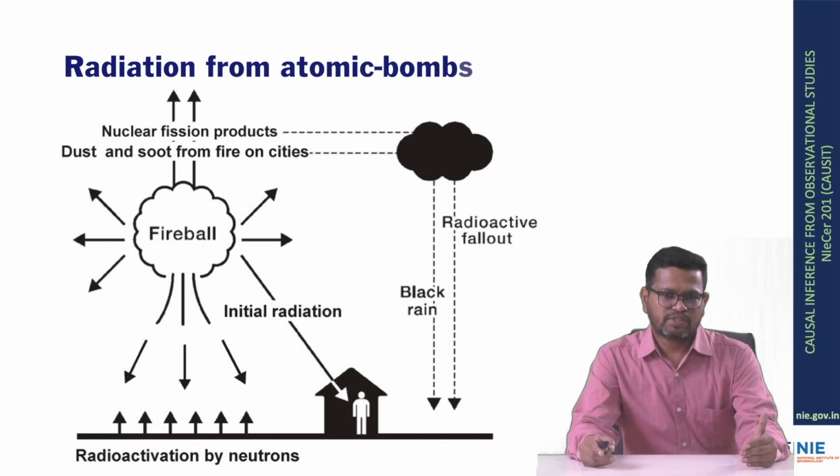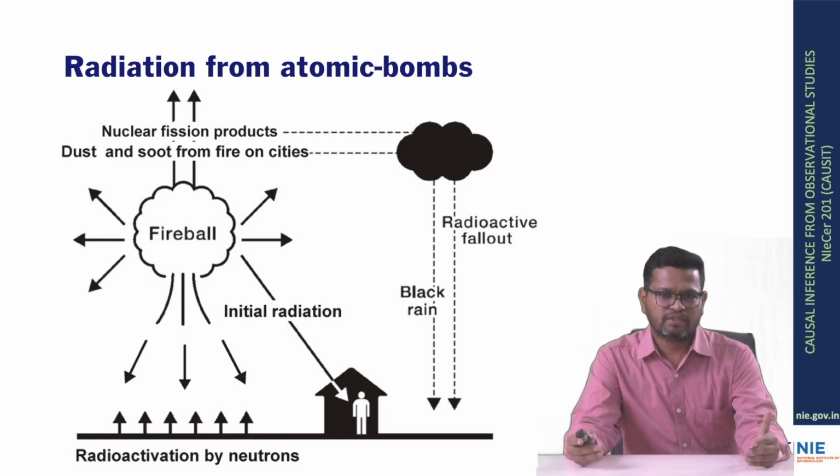This diagram shows the scheme of radiation released from atomic bombs. So the atomic bomb radiation consisted of an initial radiation and the residual radiation. The initial radiation was emitted directly from the fireball, that is the gamma rays and neutrons reached the people on the ground, and the residual radiation was released from activated materials by neutrons and fission products.